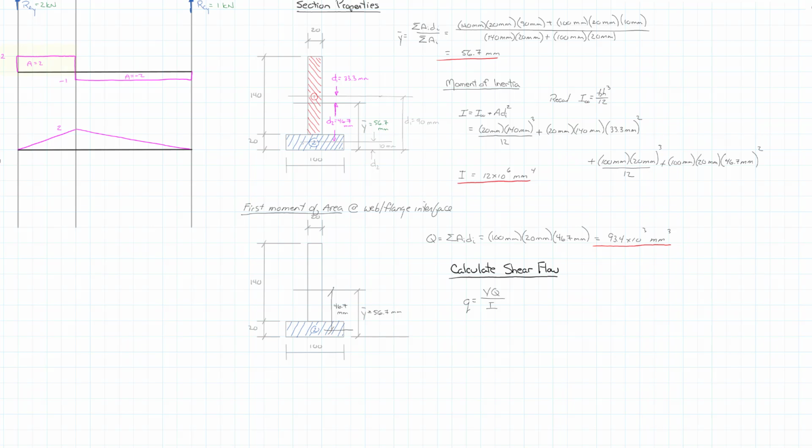So we go up to our shear force diagram. We see that the maximum shear occurs between A and B and is equal to 2 kilonewtons.